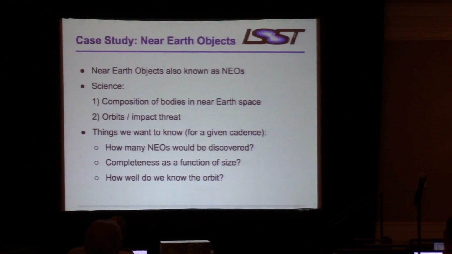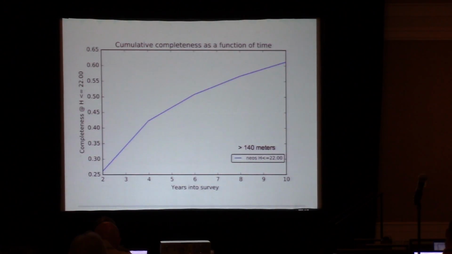Okay, things we might want to know, and this is obviously not the entire list. For a given cadence, we want to know how many NEOs will be discovered, what the completeness is as a function of size, and how well we know the orbit. Let me step through those really quickly. Here the bottom axis shows years into the survey, so the 10-year end of survey is all the way on the right side, and the vertical axis is completeness.